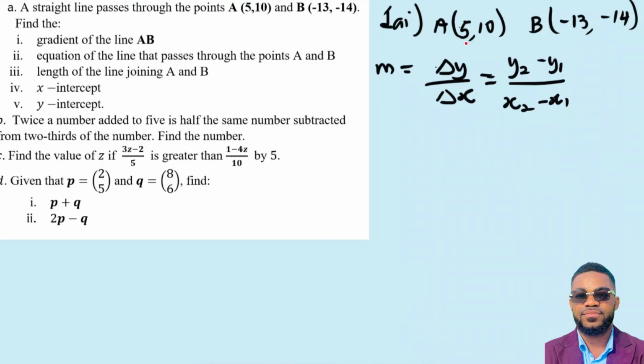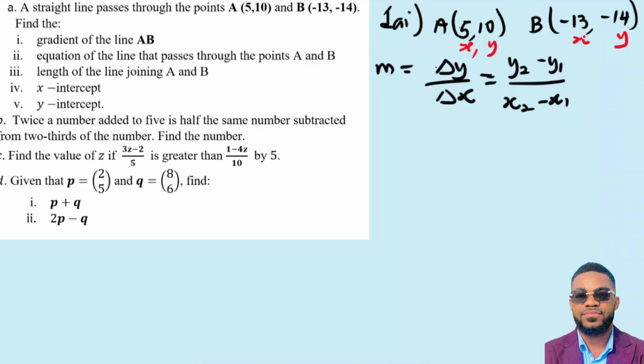What you have to know is that whenever a point is given, the first number that you see is the x coordinate, and the next one is the y coordinate. So any point that you take, you should know that the two numbers represent the x coordinate and the y coordinate respectively.